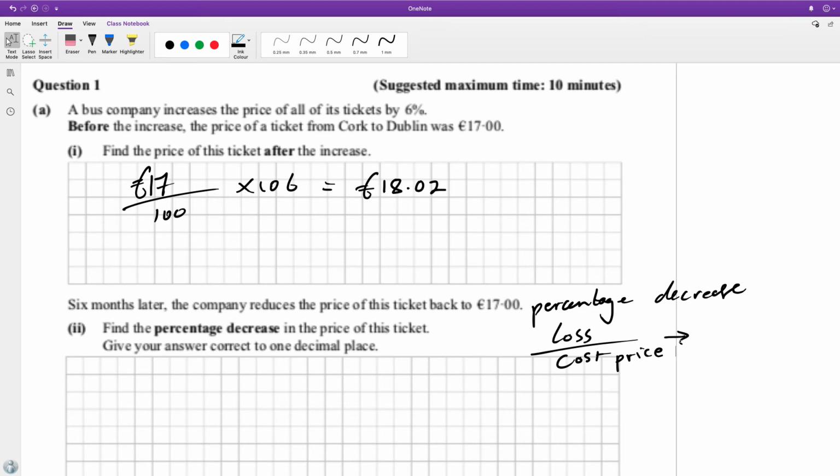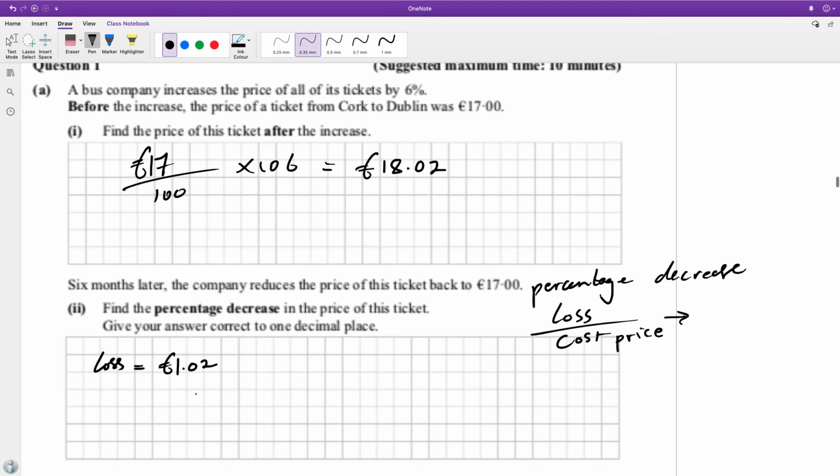That's just the loss. What was the loss? So the loss is €1 and 2 cents. What was the cost price now? €18 and 2 cents, because the cost price is after changing, so it's over €18 and 2 cents.